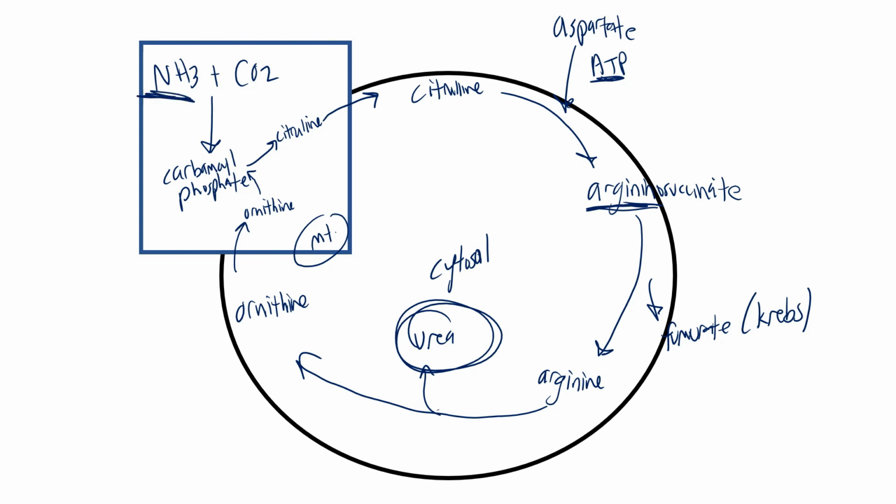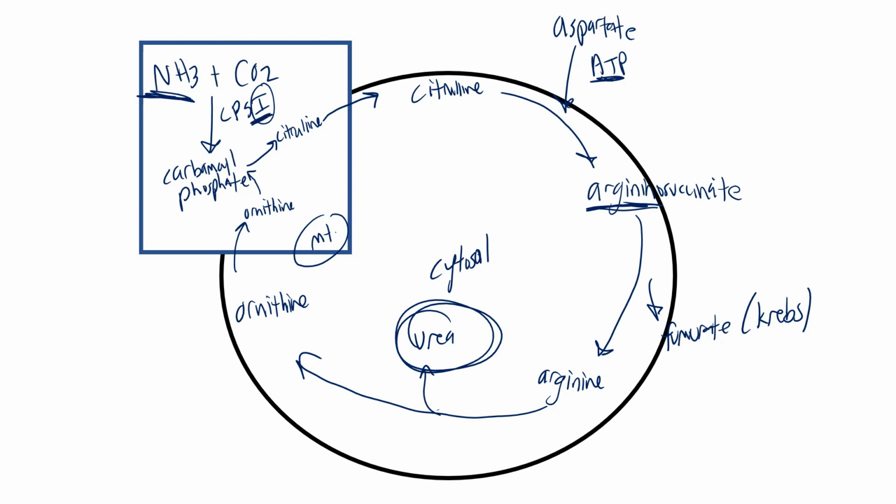Now, here's where it gets interesting. The enzymes throughout this whole process, I'm going to go ahead and write them in right now because I think there's one of them I didn't label, and I'm going to show you a tip to remember it. The first enzyme is carbamoyl phosphate synthetase 1. How do we remember that it's Roman numeral 1 and not Roman numeral 2, which is involved in nucleotide synthesis?